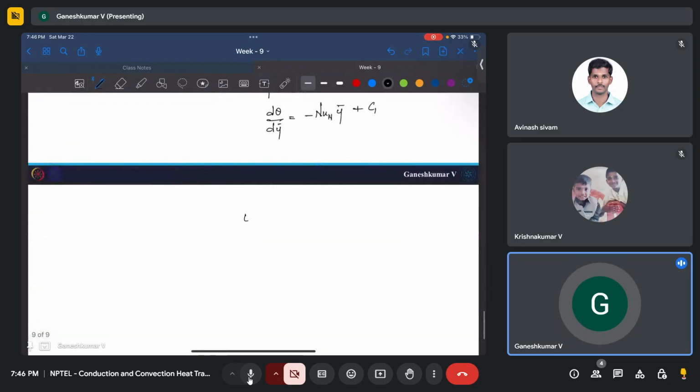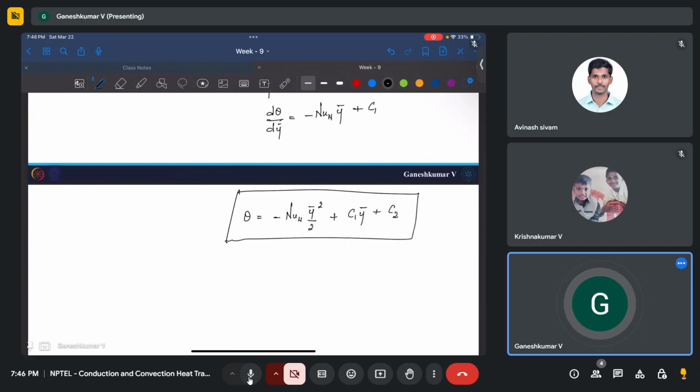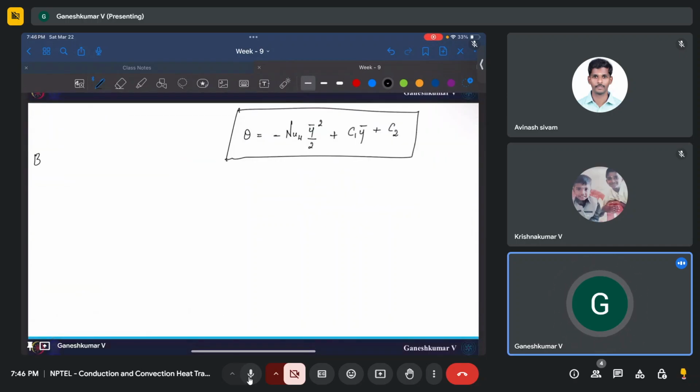You integrate it further: theta is minus Nu h y bar square by 2 plus c1 y bar plus c2. So this is your general solution. Now you apply boundary conditions.